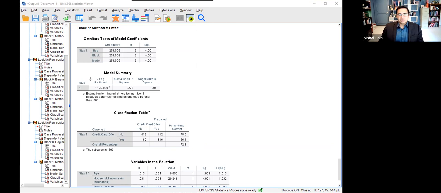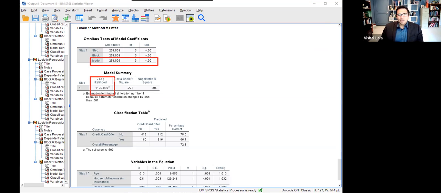This number is lower than the one for block 0. I don't know exactly what the number for block 0 is because SPSS doesn't give us that number. But what's important is the difference between block 0 and block 1, indicated by the model chi-squared, which is 251.009. This number is significantly different from 0, telling us that the block 1 model is significantly better than the one in block 0.